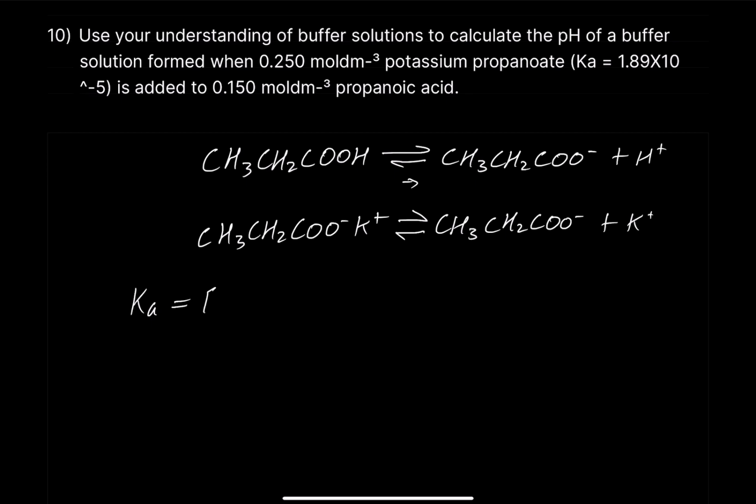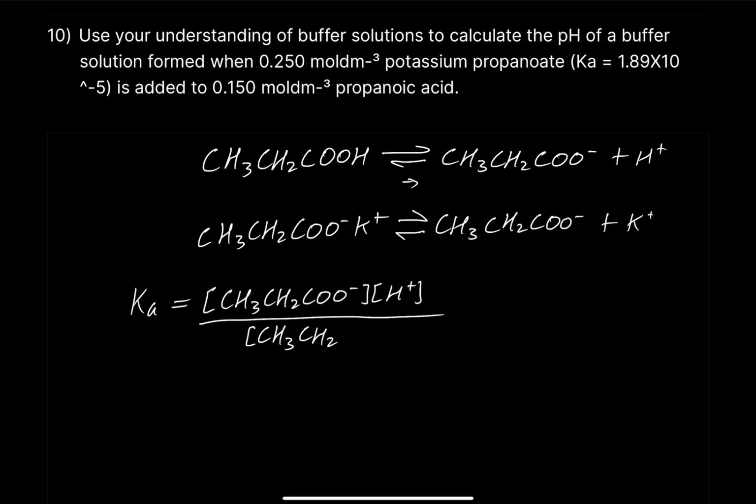That's the concentration of your products over the concentration of your reactants: the concentration of our propanoate ion, A minus, times H plus, over the concentration of HA, which is propanoic acid.